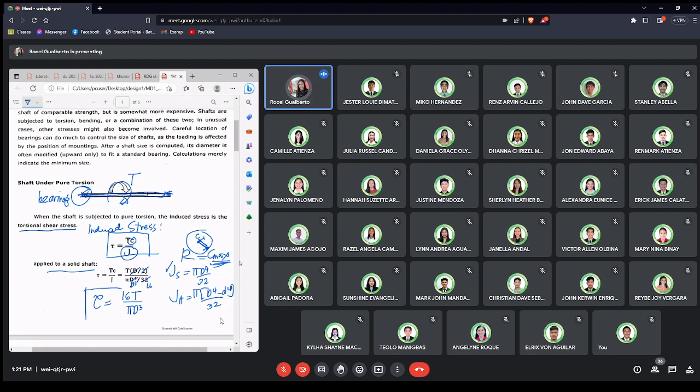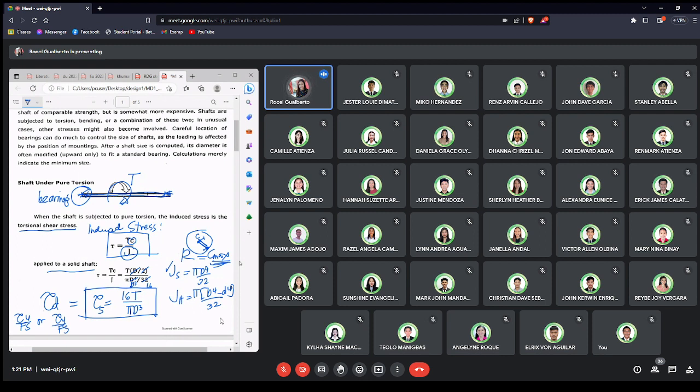This is your induced stress for a solid shaft, and this is to be equated to your design stress. Again, what is the design stress that we will use? This can be tau u over FS or tau y divided by factor of safety, depending upon the basis of design.